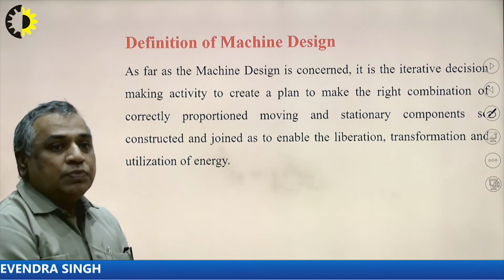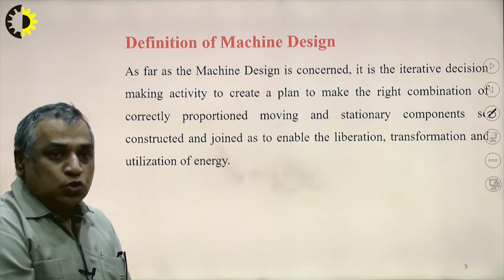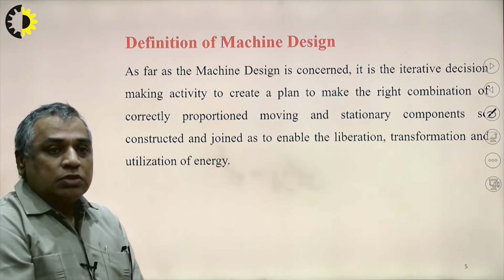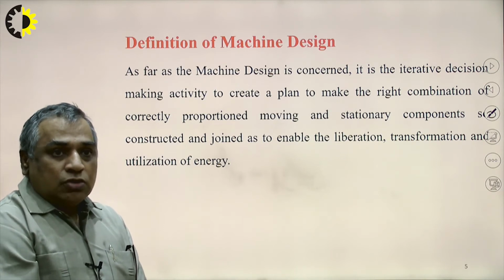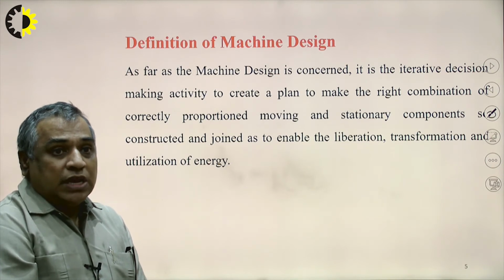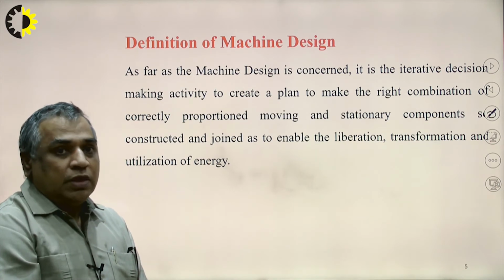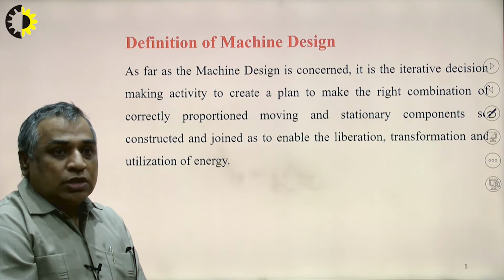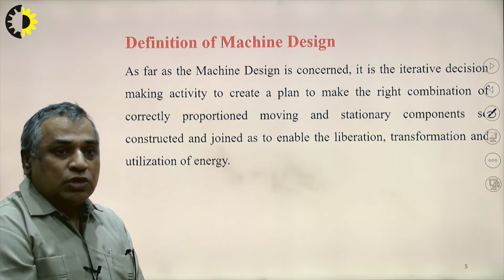Whereas the slider crank mechanism is used in an IC engine to convert reciprocating motion into the rotary motion we get on the crankshaft. So machine design is an iterative decision making activity to create a plan to make the right combination of correctly proportioned moving and stationary components, the base, so constructed and joined as to enable the liberation, transformation and utilization of energy.